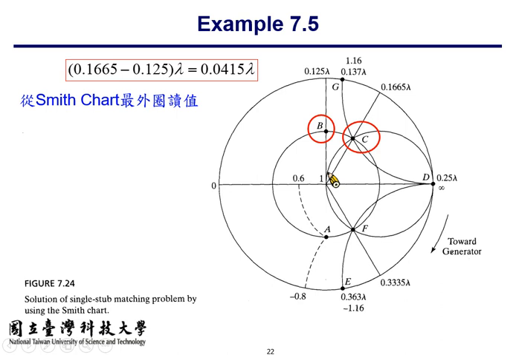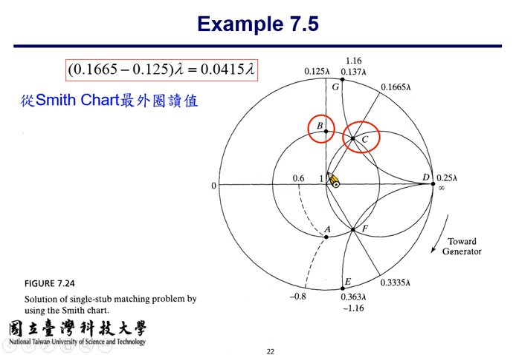Well, where's the location of a zero length shortstop? Where's the admittance of a zero length shortstop? What is the impedance of a zero length shortstop? 0. So what is the admittance? Infinity.